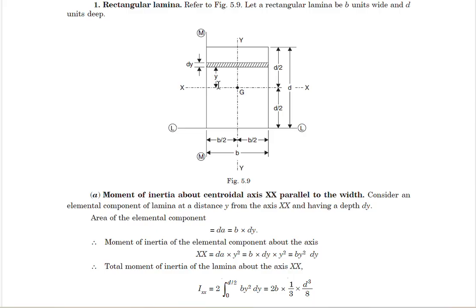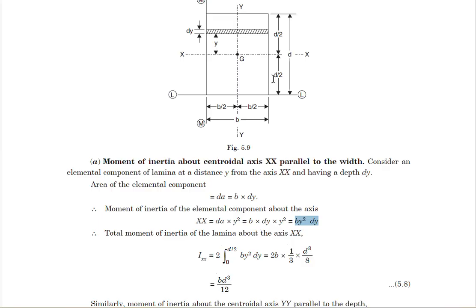Now you can integrate the term b y square dy over the domain from y equals 0 to y equals d by 2. This will give us the moment of inertia of this complete lamina.